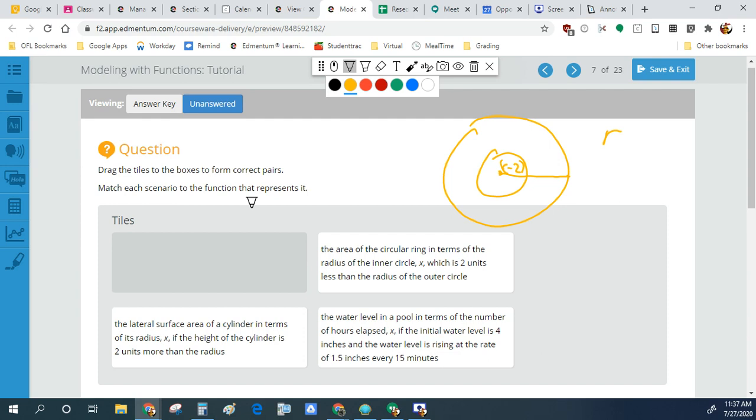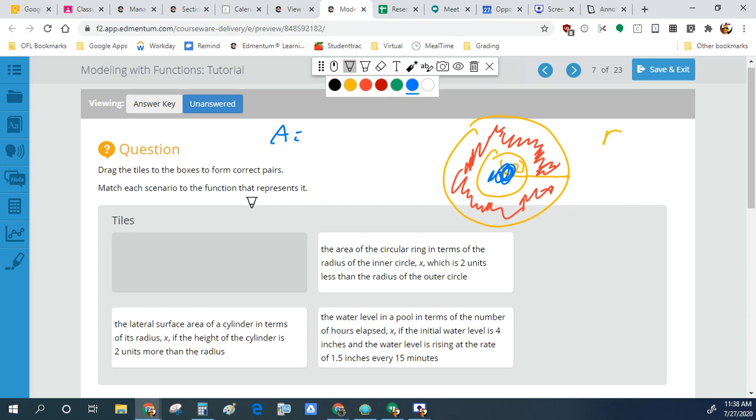And it wants the area of the ring. So it wants this area. It wants this donut basically. So in order to do that, we're going to have to take away the area of this blue part. So the way we do that is we're going to take the area of the big circle minus the little circle. So area of a circle, if you guys need formulas for areas, let me know.